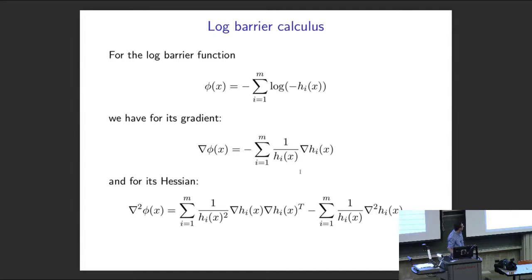So if I differentiate this, right, then I get 1 over hi of x squared times the derivative of this, which gives me a grad hi of x transpose. And the other part of the product rule is to leave this alone and differentiate this, which gives me the Hessian. So this is the Hessian of hi itself. Okay, so this is the gradient, and that's the Hessian of the barrier function.